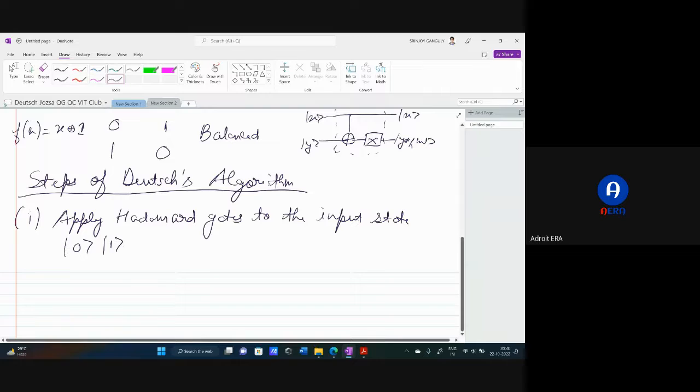I'm just ignoring the tensor for now. It is of course tensored, it cannot be like that, but I'm just writing it in a different way. You can write ket 0 tensor ket 1 as well. That means two qubits are there, right?